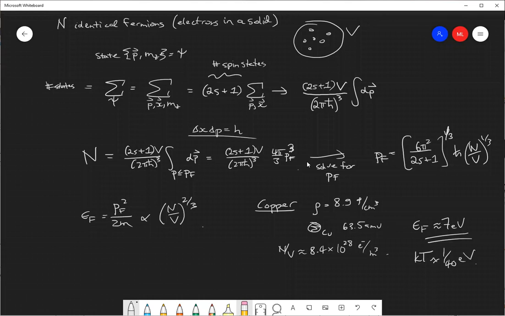So what does that mean? It means that in a typical solid like copper, the kinetic energy of the electrons is much, much larger than typical thermal energy. So from the point of view of those electrons, room temperature is actually very, very cold, right? It's much lower energy than the highest occupied states.